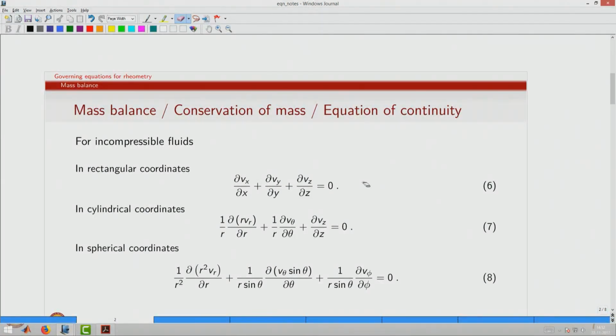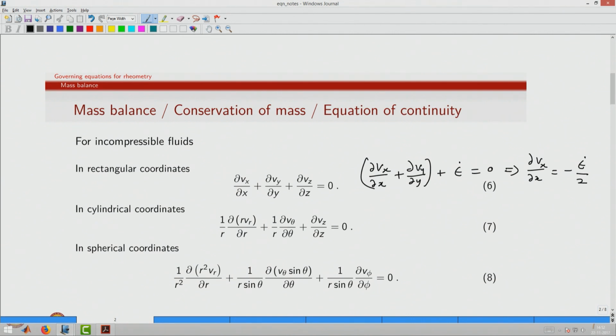Based on this, we have the fact that del V x by del x plus del V y by del y, and these 2 are same, plus epsilon dot is equal to 0. Since both of these are same, we get that del V x by del x is equal to minus epsilon 2 by 2.